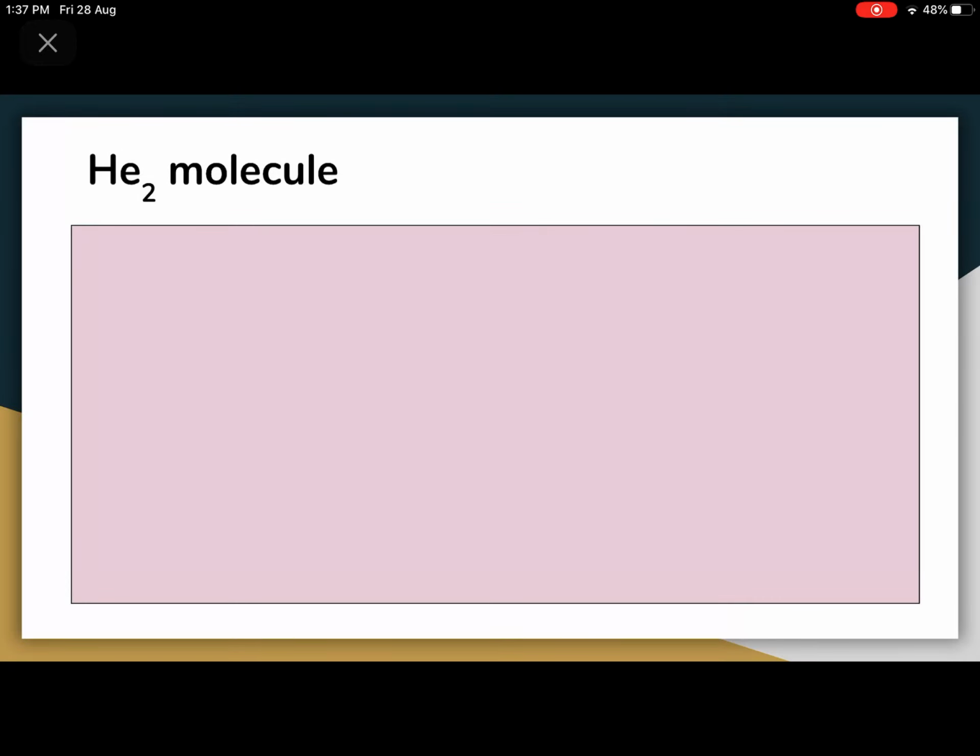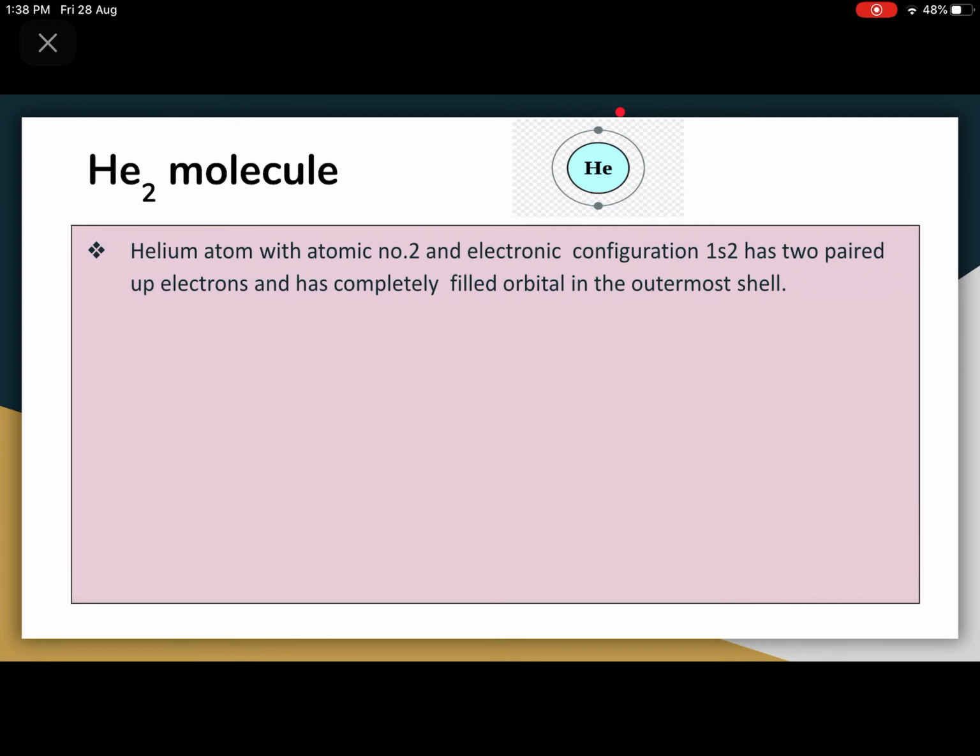Helium molecule, He2. As you can see, this is the 1s orbital which contains 2 electrons, 1s2. Helium atom with atomic number 2 and electronic configuration 1s2 has 2 paired up electrons and has a completely filled orbital in the outermost shell.